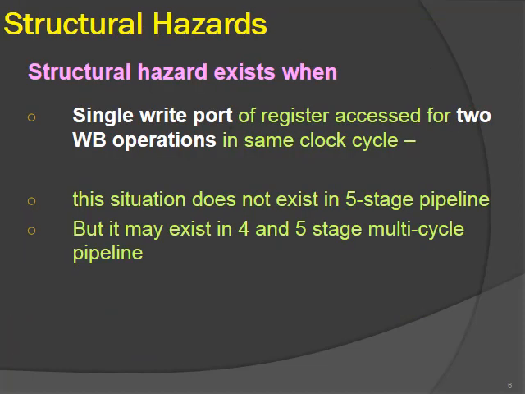A structural hazard will also exist when there is a single write port of the register file which is accessed for two write back operations in the same clock cycle. It will not exist in a 5-stage pipeline, but it may exist in a 4 and 5 stage multi-cycle pipeline. How this can happen, we'll discuss.